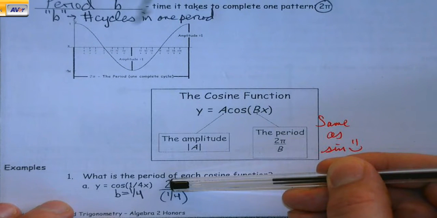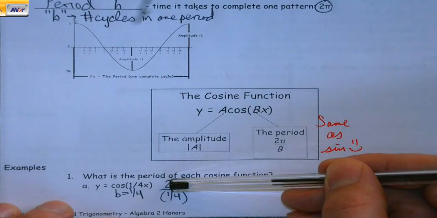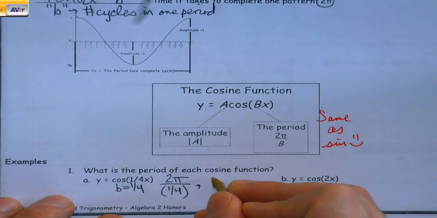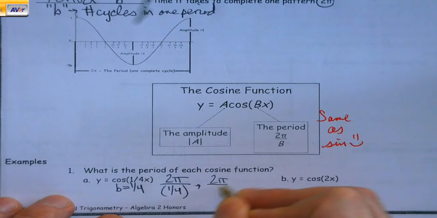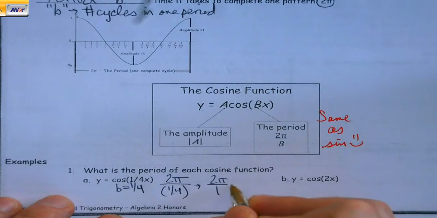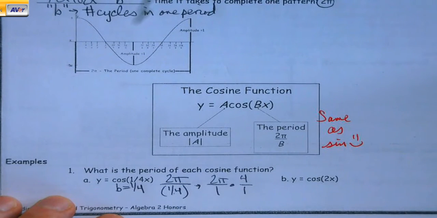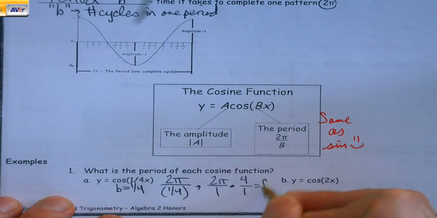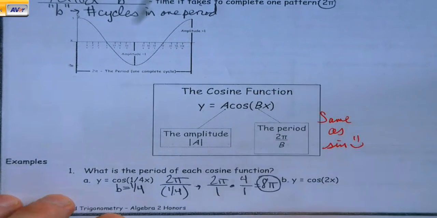It would just be 2 divided by 1/4. If I'm going to do it manually, if I'm going to use my brain power here, dividing by a fraction is the same as multiplying by its reciprocal, multiplying by its flip. So 2 pi times 4 would be 8 pi, and I'd find my period.